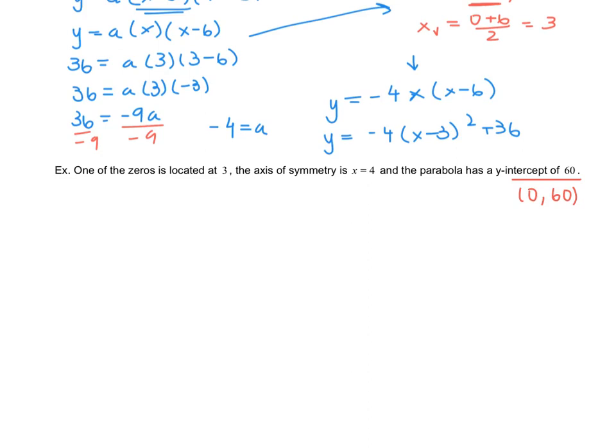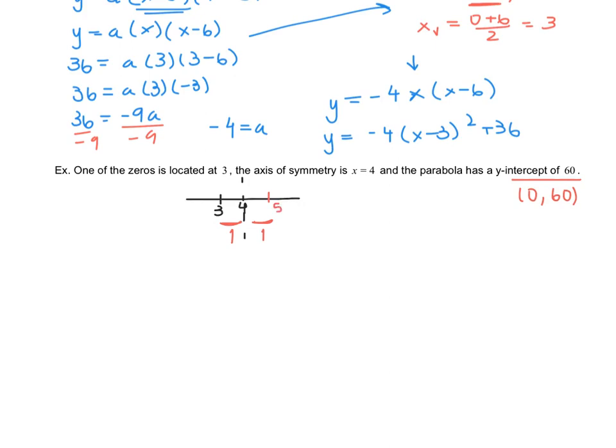So what I'm going to do here is draw a little sketch. So my zero is located at 3. Then that axis of symmetry that cuts it in half is located at 4. And I know that there's symmetry in my parabola. If one of my zeros is 1 unit away from 4, the other one should also be 1 unit away, but on the other side.